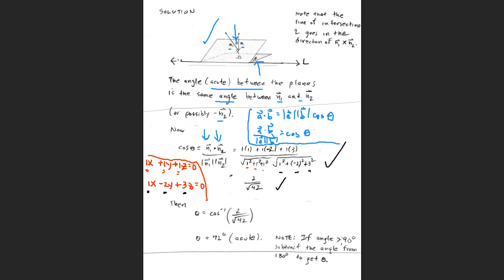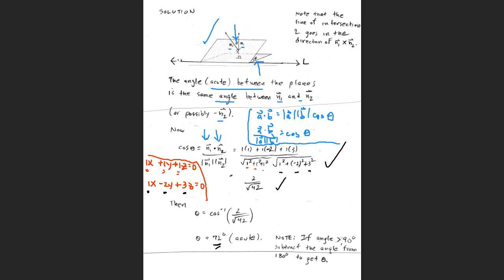And so I think you can see what's going on here. Cosine of theta, which is the angle between the two planes, hopefully the acute angle, is 2 over root 2. And if you do the arc cosine of 2 over root 2, you will get theta equals 72 degrees. You always have to be careful, class, when you put your calculator in degree mode, because then you often have to change it back to radian mode, right?